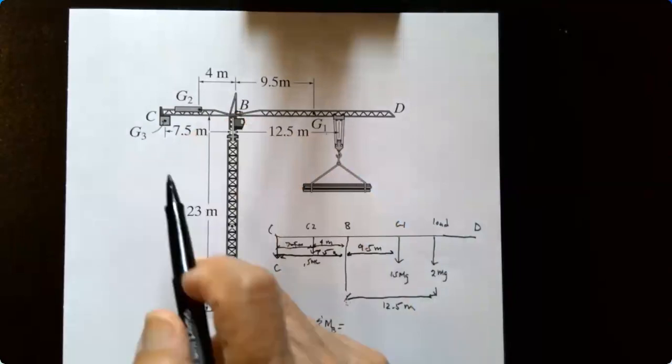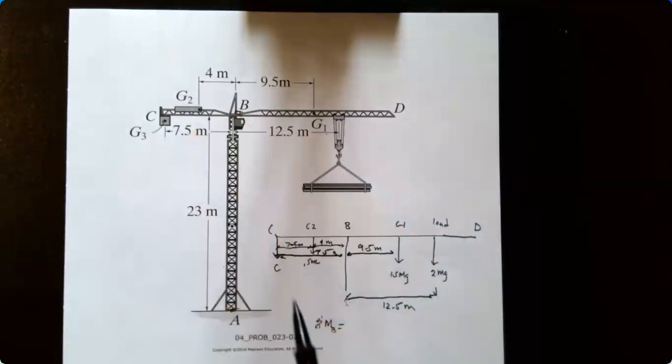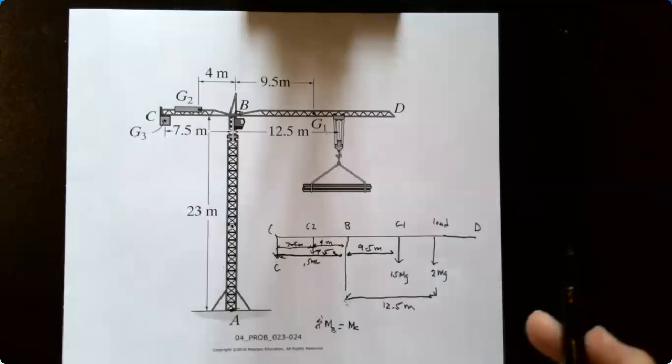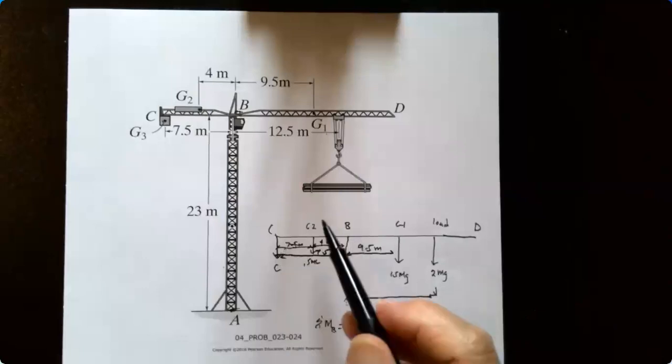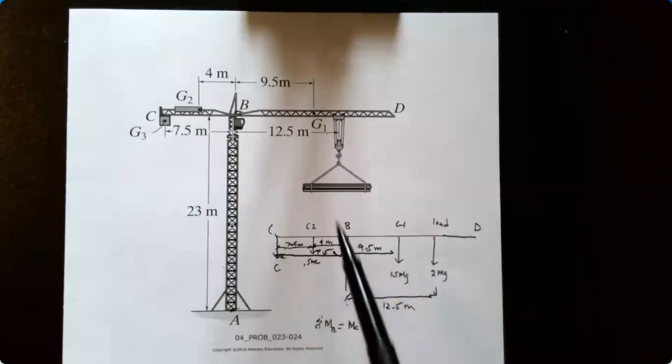And this distance is 7.5. So they're looking for weight, but we're going to work with mass. They want mass. We don't need to put the weight and convert back. The constant's the same. So the mass at C, which is going to be our unknown, times its moment arm, and its moment arm is 7.5 meters.